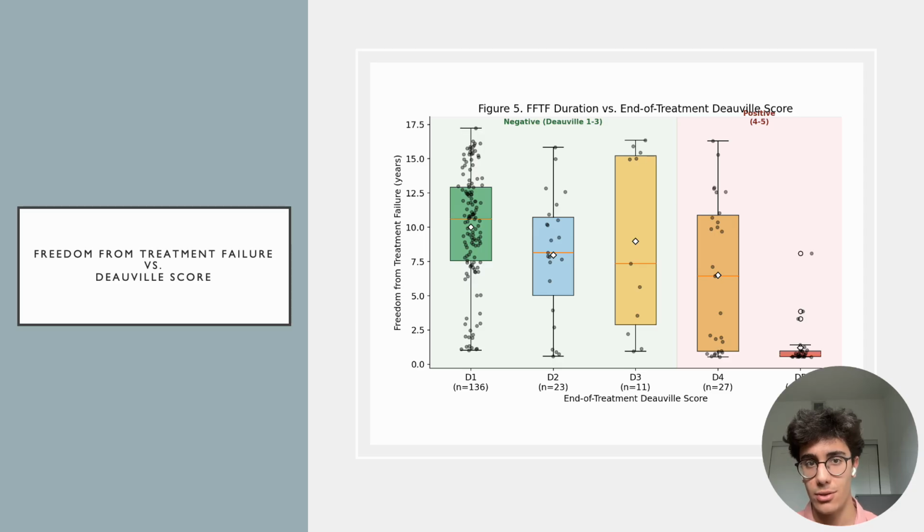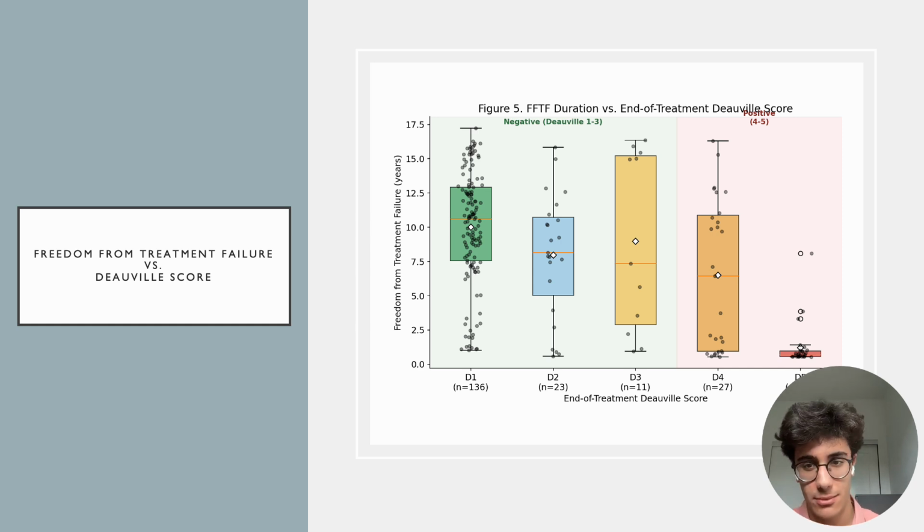Patients with a clean D1 score at the end of treatment stay treatment failure free for well over 10 years, 10.6 to be precise, while the patients with a D5 scan are only free from treatment failure for 8 to 9 months. So there's a clear, big drop from more than 10 years to just less than a year.